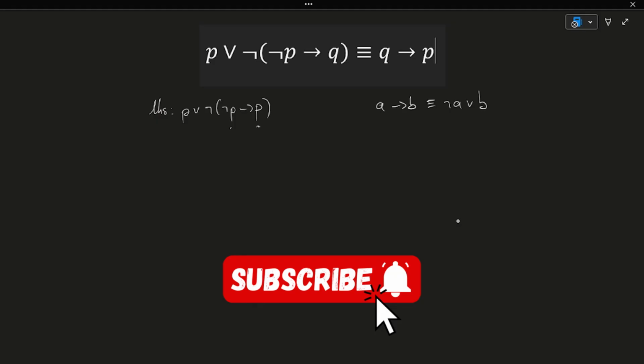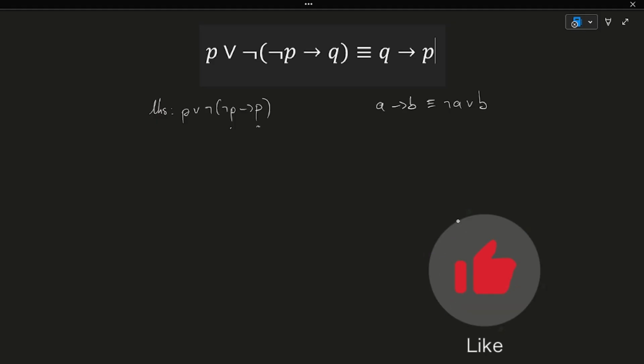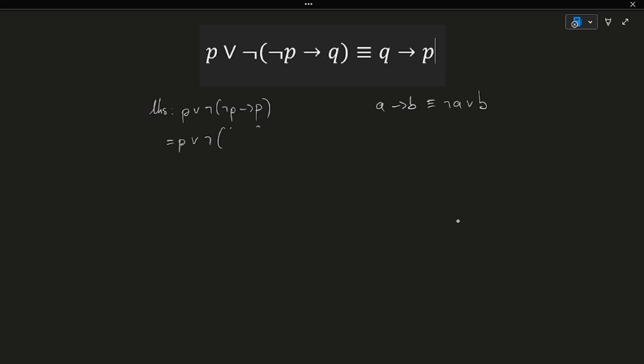So we can simplify this into something palatable using the implication rule. So this means that we'll have P or not. Now, if we want this to resemble this, we're going to have a not and a not P, because our P is the first thing on the left hand side, that is our first thing, or what is on the right, which is Q in this case.